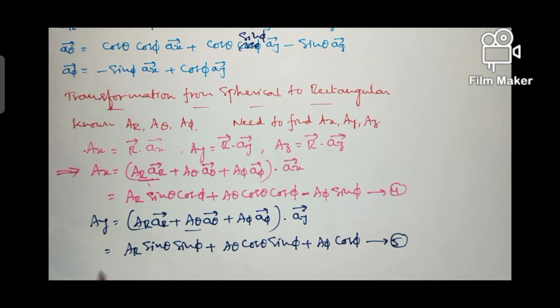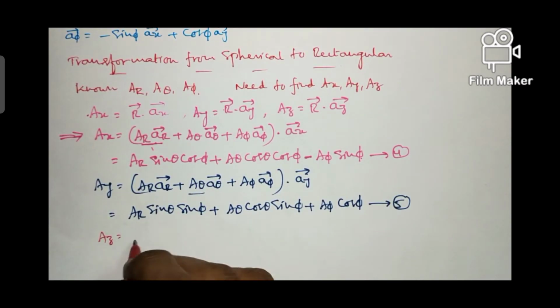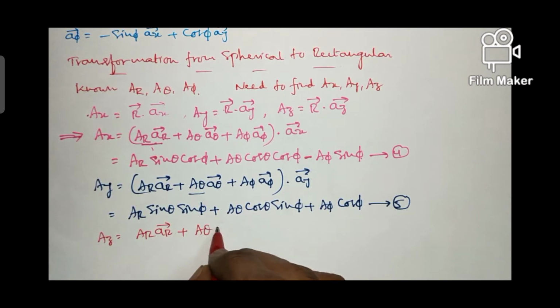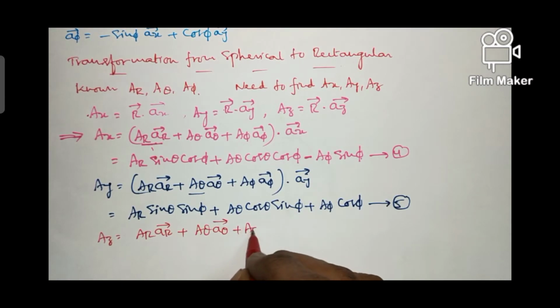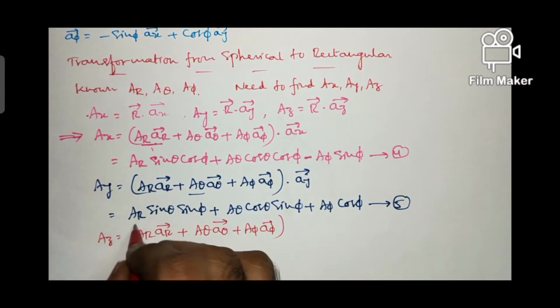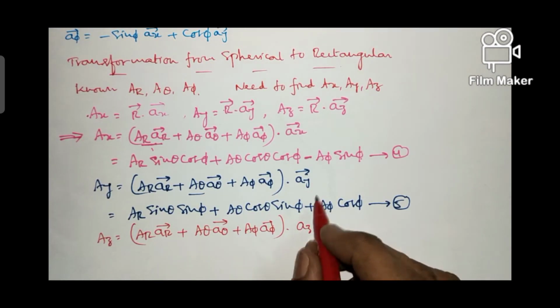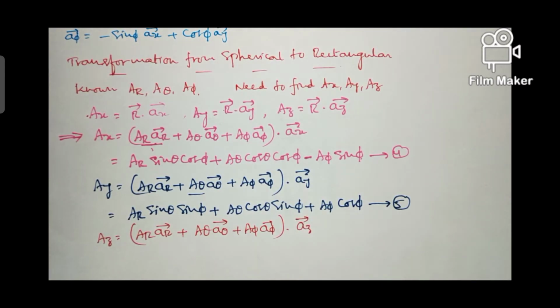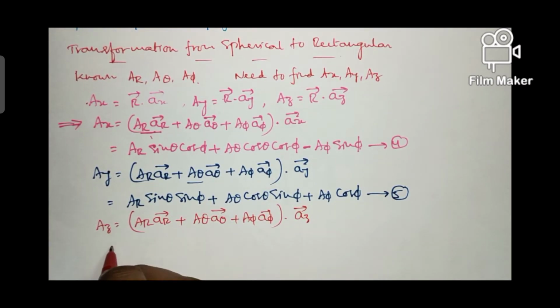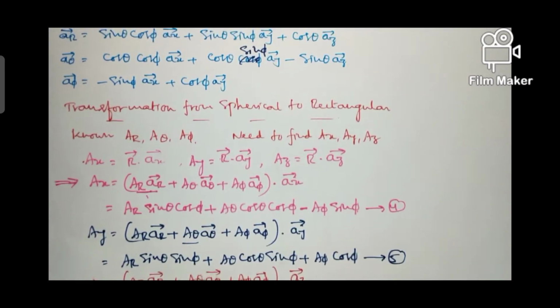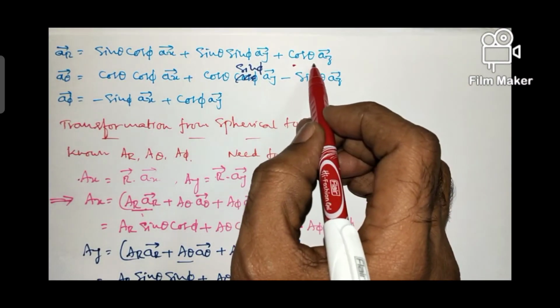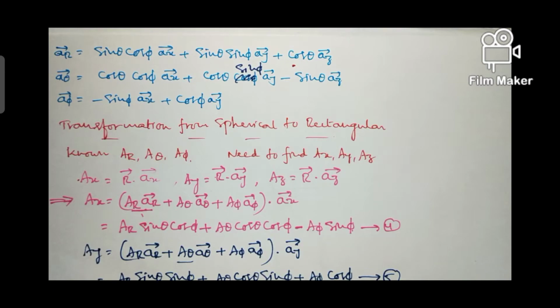And next we have to find a_z, which is r bar dot a_z bar. Let me write down r bar as in the previous case. Here a_r dot a_z will give us only the a_z term, cos theta, and the remaining will be equal to 0.